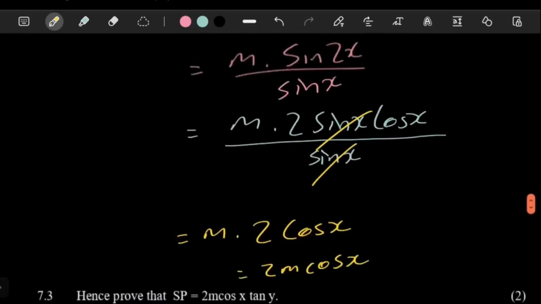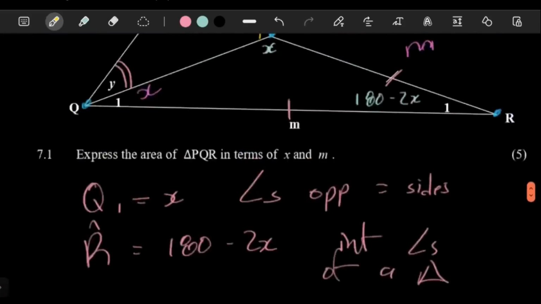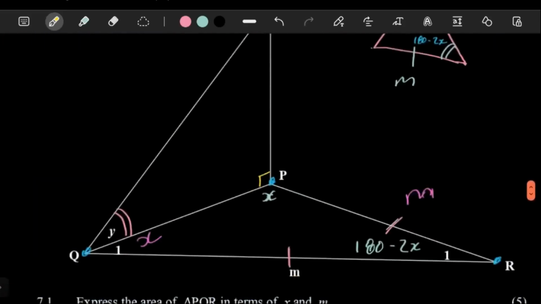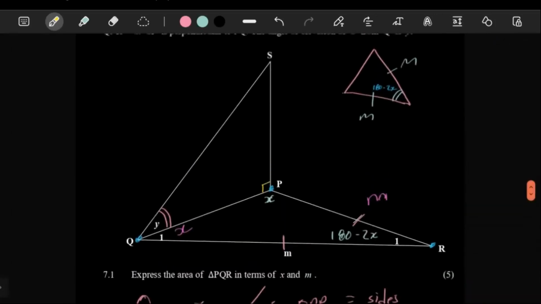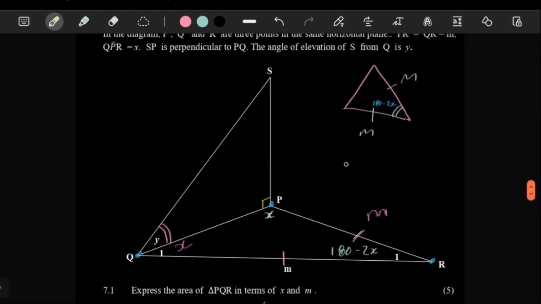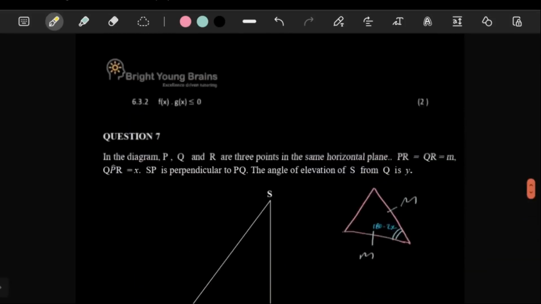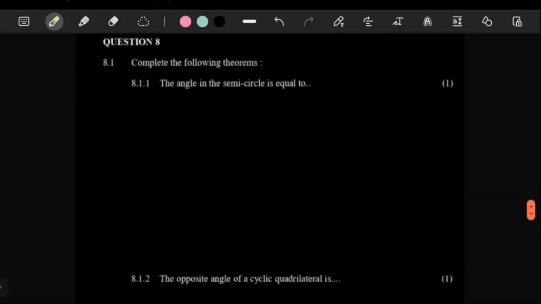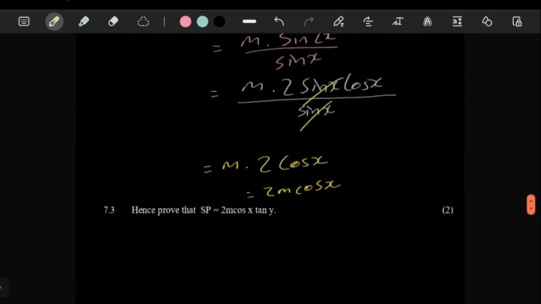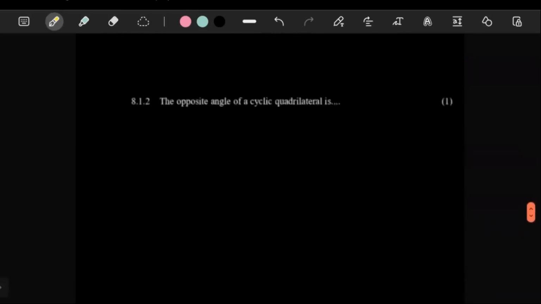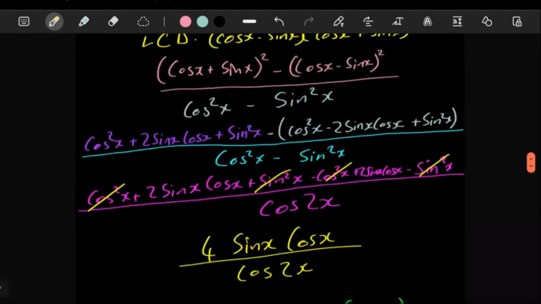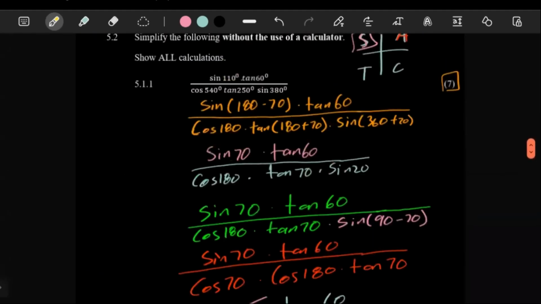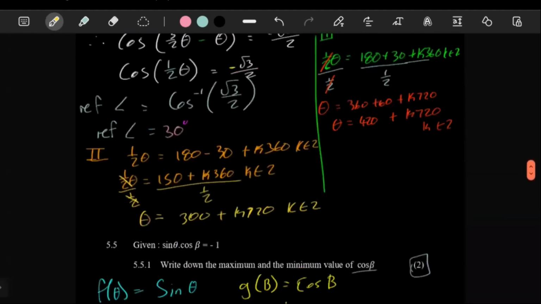Wow. So what you can actually concentrate on is getting the length of SP. Are we being asked to measure? Probably, but it says we should prove that SP is 2m cos x. I think I can find something like that up here. Wait a minute, what is going on?